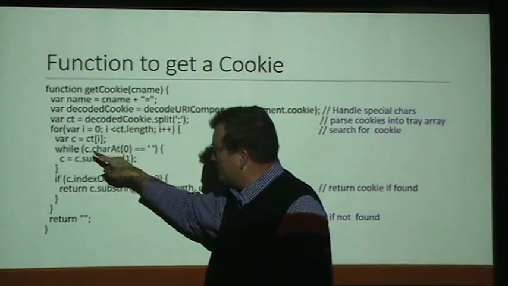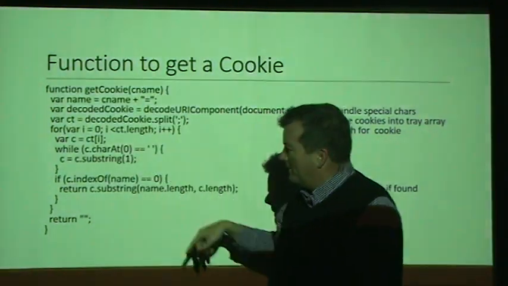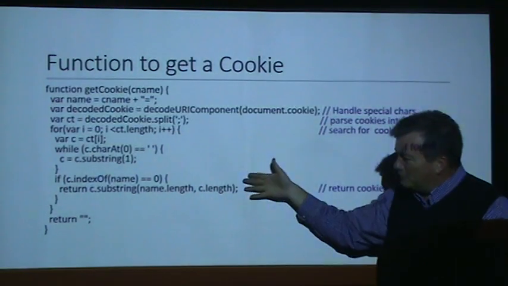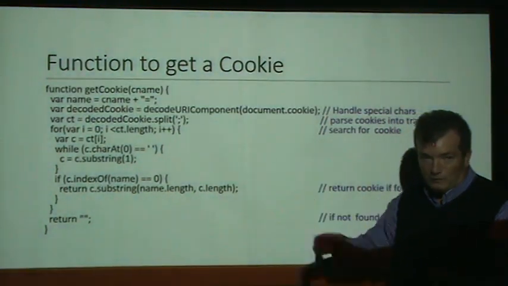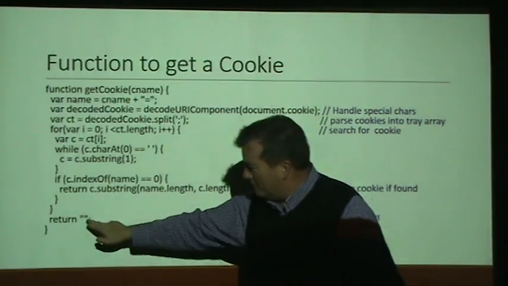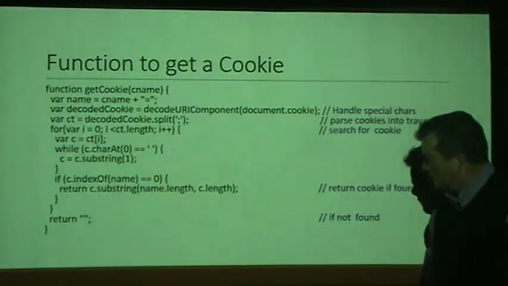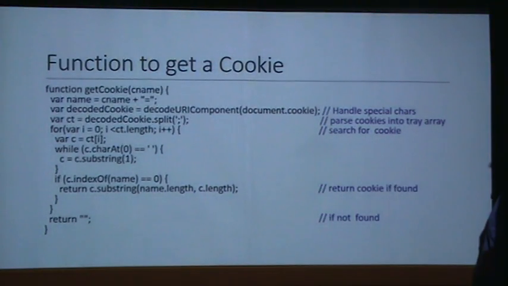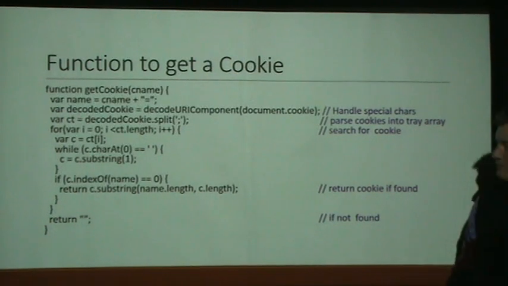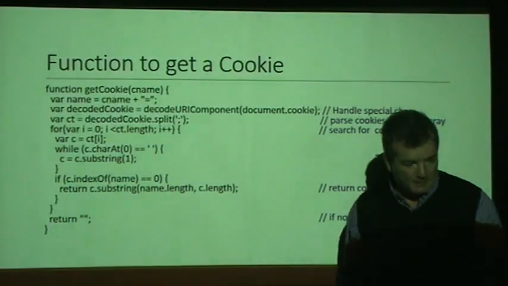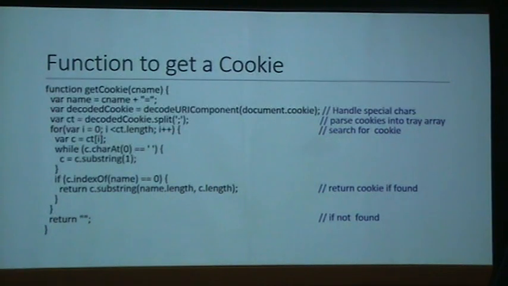So we go through it until we find a match, and then when we find a match, we can either return the value of the cookie we're looking for, or we could return nothing, which basically means we can't find the cookie. So you can go looking for the cookie, and it may come back empty, or it may come back with the cookie that you're looking for. And then if you find it, you can fill in the string.